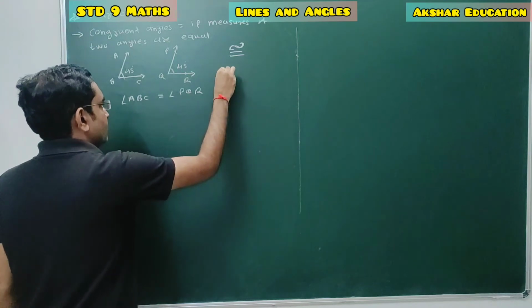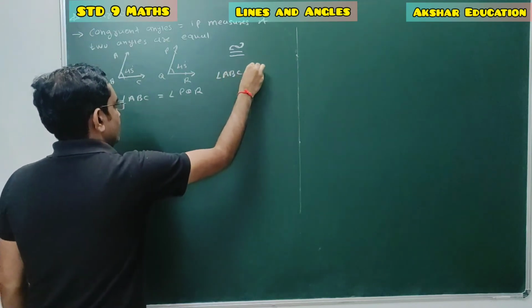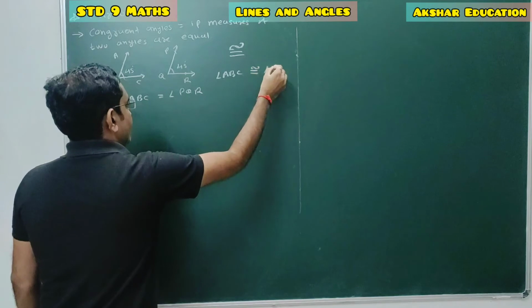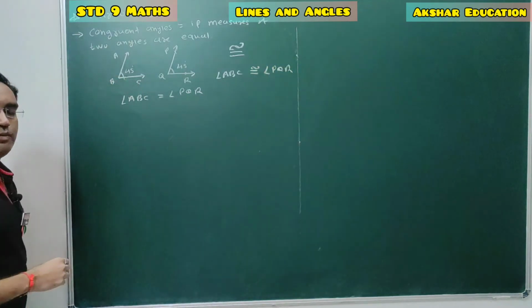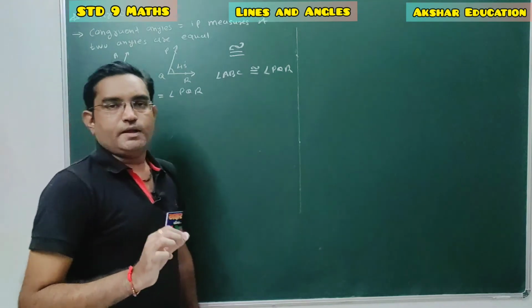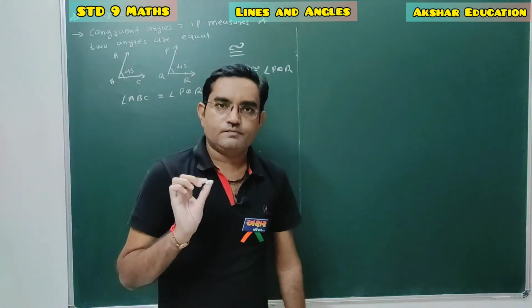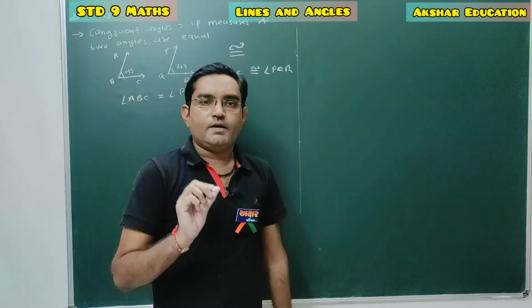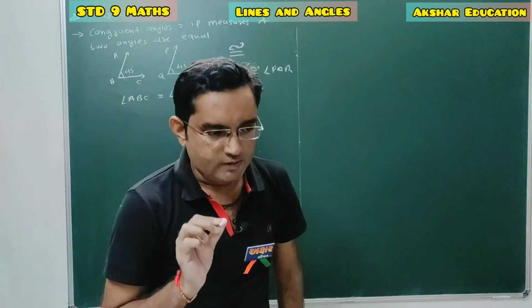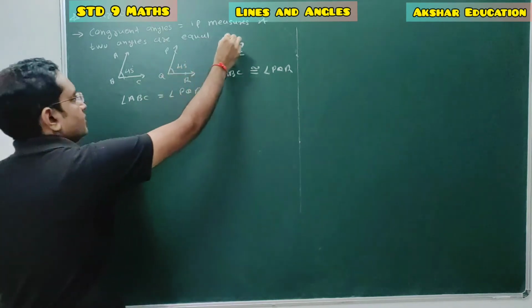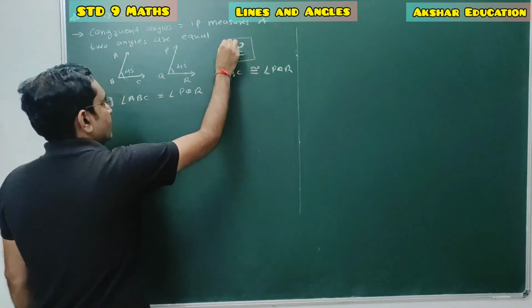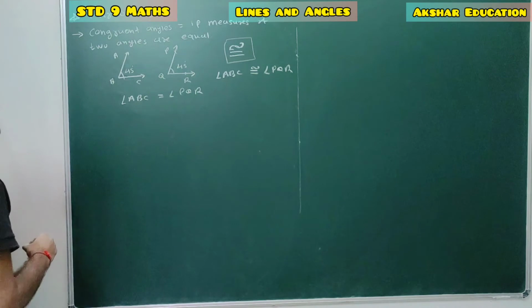They can also be written as angle ABC is congruent to angle PQR. So two angles are said to be congruent angles if their measures are equal. Done? The pair of angles are said to be congruent angles if their measures are equal, and this is the symbol which is used to represent two congruent angles.